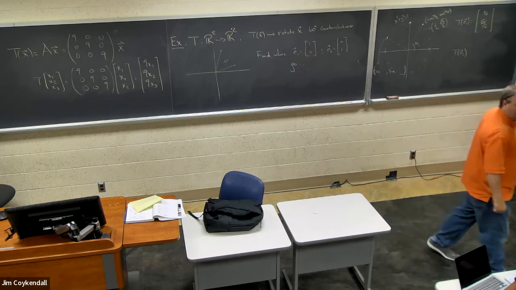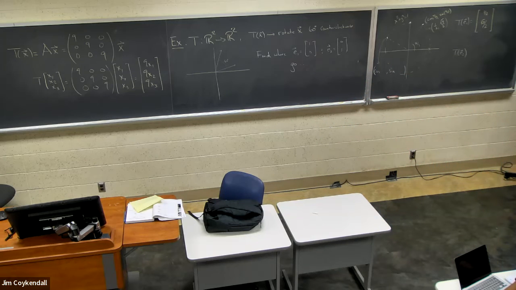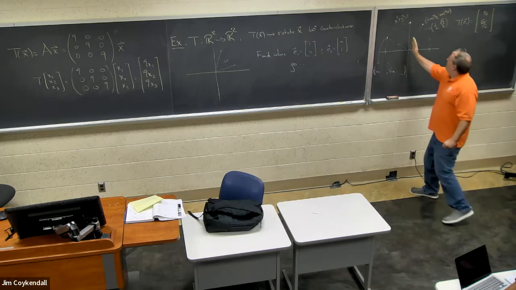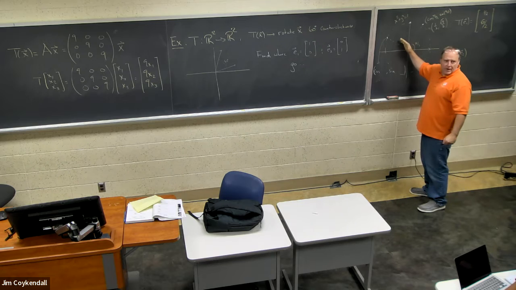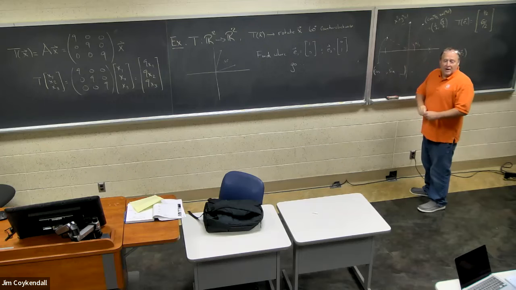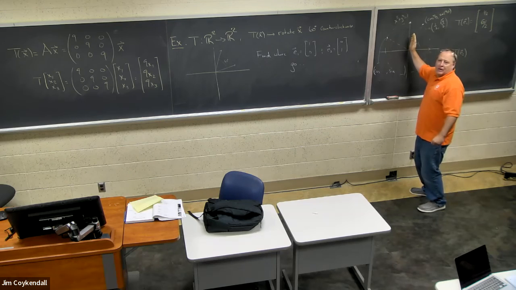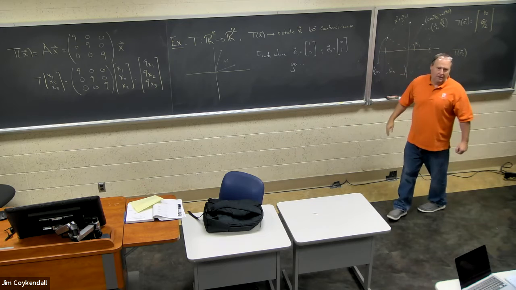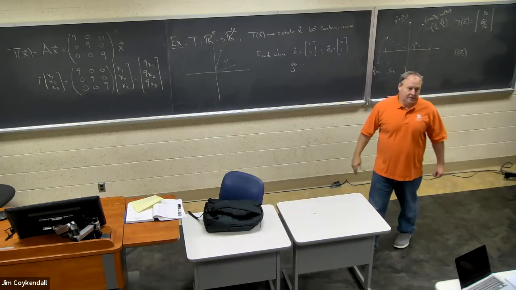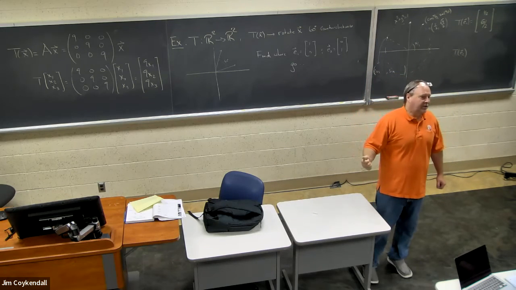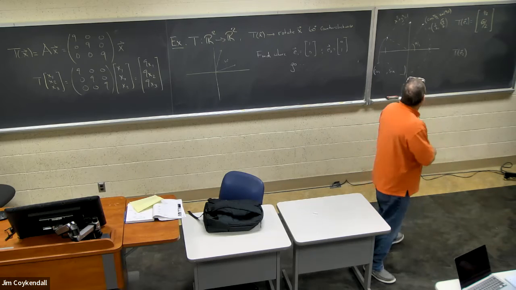Cosine of 2 pi over 3 and sine of 2 pi over 3. I know why you say that, but you're off a little bit. Yes, this angle right here is pi over 3, but where did you start? Started at pi over 2, right? So this total angle should be pi over 2 and another pi over 3. Everybody okay with that? So that's 3 pi over 6 plus 2 pi over 6. This should be 5 pi over 6.